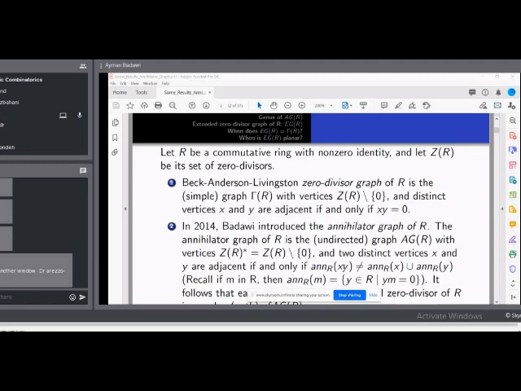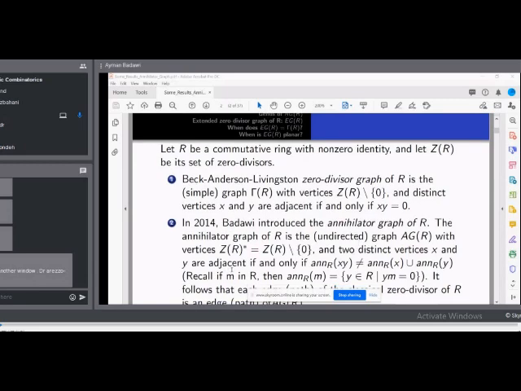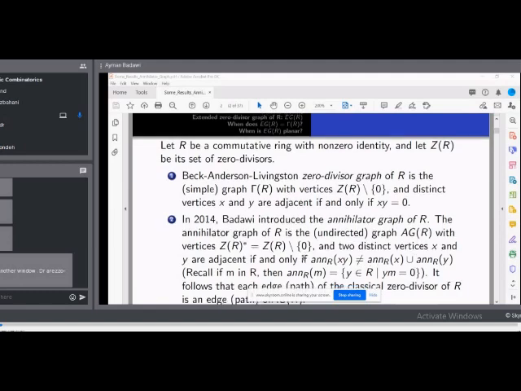All right. In 2014 I introduced a graph called the annihilator graph. What is the annihilator graph? It is also an undirected simple graph with the same set of vertices, the nonzero zero divisors of R, and two distinct vertices x and y are connected by an edge if and only if the annihilator of xy is not equal to the annihilator of x union the annihilator of y.